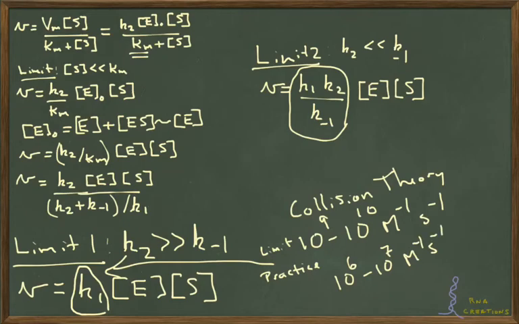Now you may think to yourself, how could you ever measure anything that fast? But that's where the pseudo first order kinetics come in, because you're multiplying it by two things, right?